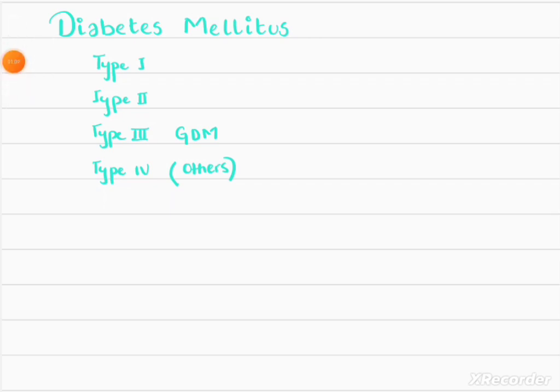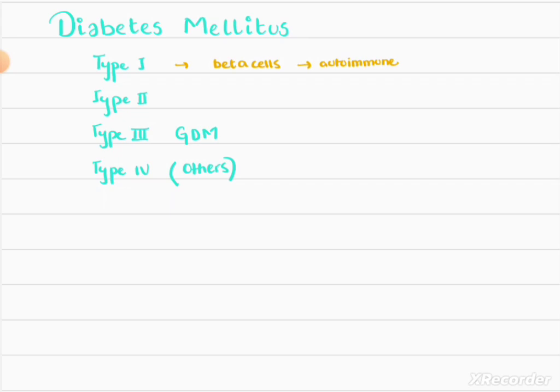So in type 1, diabetes is due to autoimmune beta cell destruction. So there is destruction of beta cells in the pancreas, and the process is basically autoimmune. People who have type 1 diabetes are dependent on insulin.